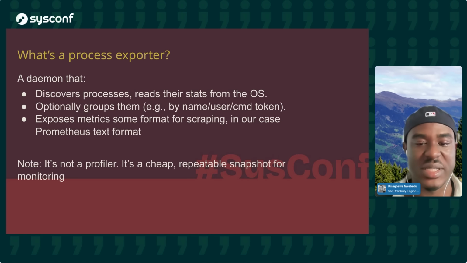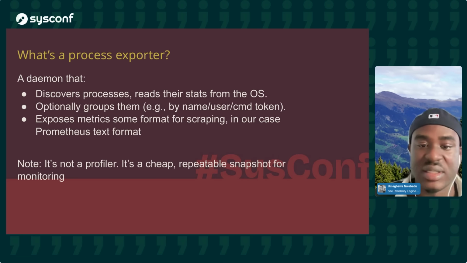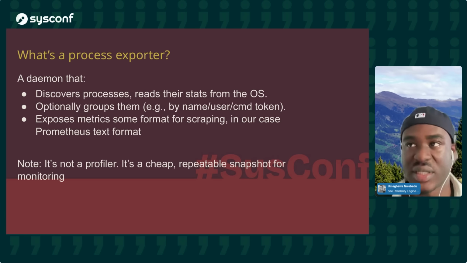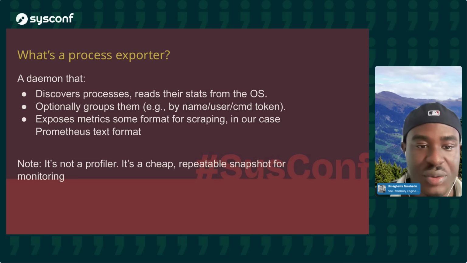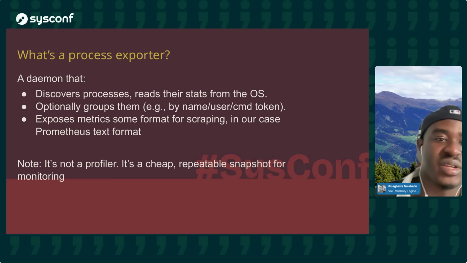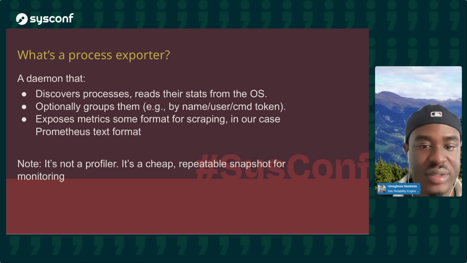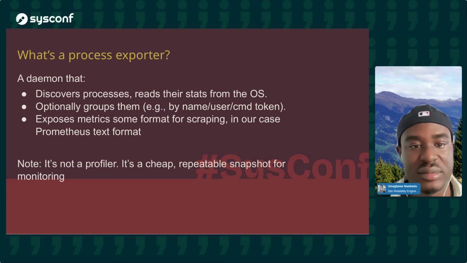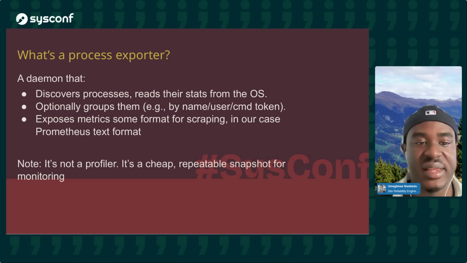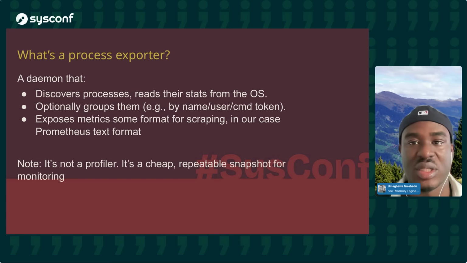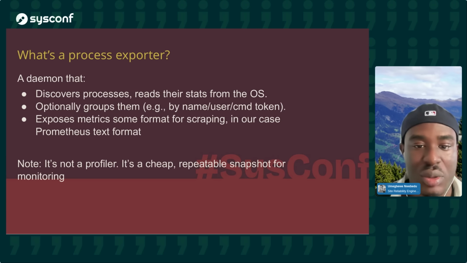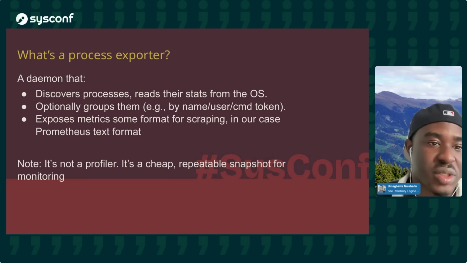So, what's a process exporter? A process exporter is simply a daemon that discovers processes. It reads the stats from the OS, and optionally you could group them by name, by user, the user who owns this process, the command line, etc. A normal laptop could probably have up to 100 processes.